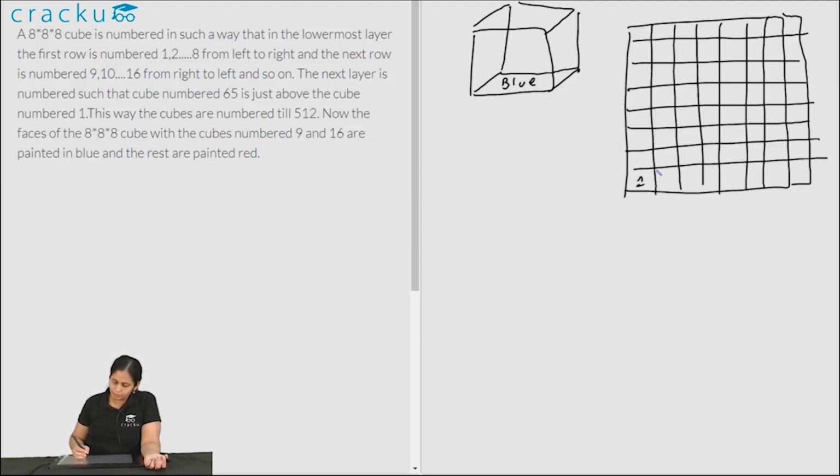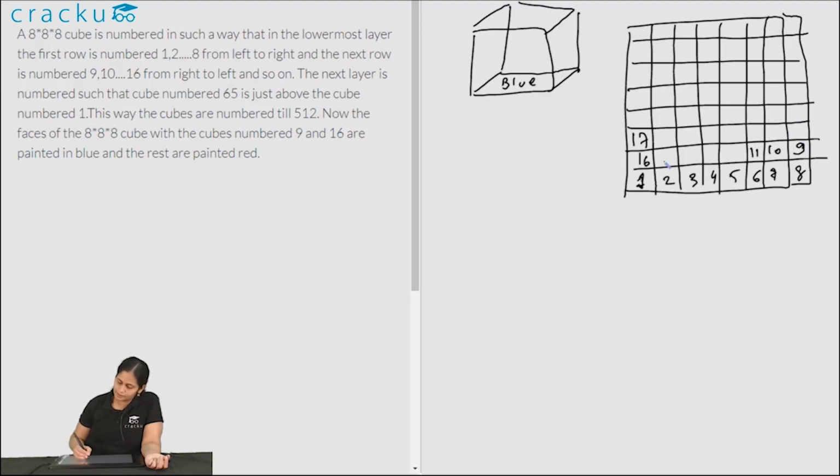That is numbered, say, 1, 2, 3, 4, 5, 6, 7, 8. I'll not put in all the numbers because that's not necessary. And then the next numbers are 9, 10, 11, 12 to 16. That is how this is numbered, and this goes on till this will become 17. This will be 17 plus 8, so that is 20.